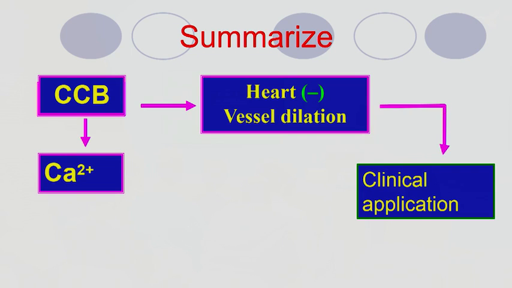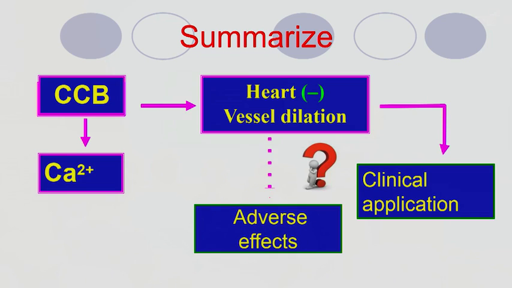So in clinical use we use them to treat hypertension, angina pectoris, tachycardia, and cerebrovascular disease. You should also know that because of the negative inotropic action, the negative chronotropic action, and also vasodilation, they also induce adverse reactions. Okay, this class is finished.